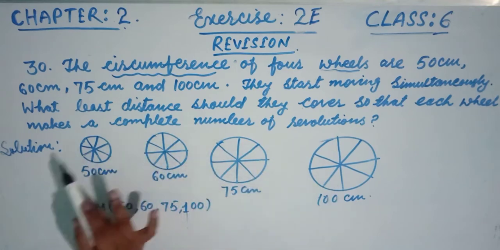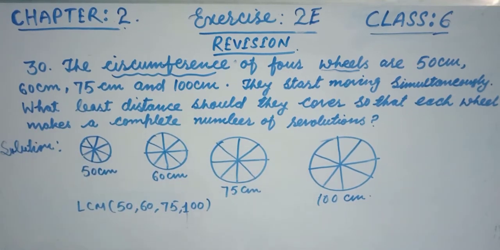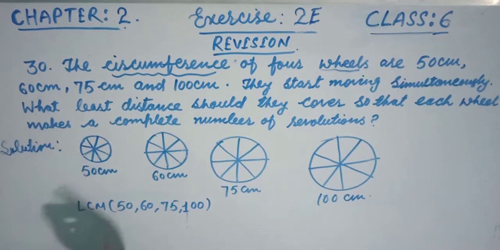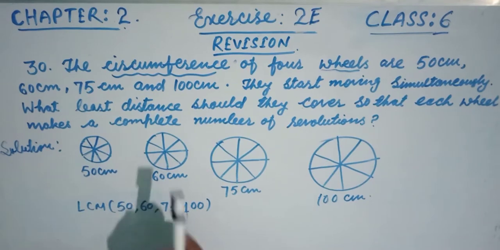All the wheels are going to start simultaneously. According to the question, what least distance should they cover so that each wheel makes a complete number of revolutions? So we have to find the least, friends.